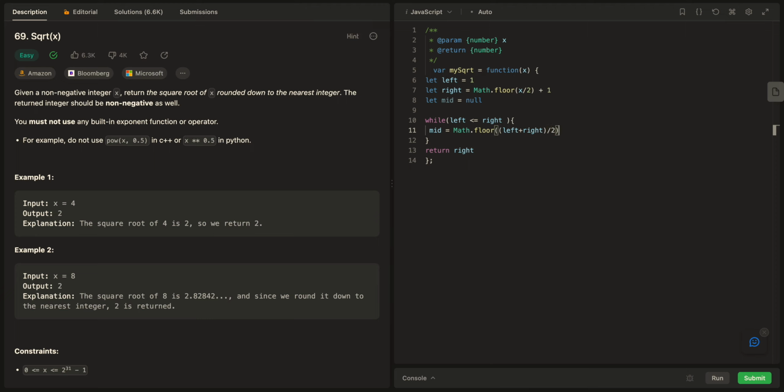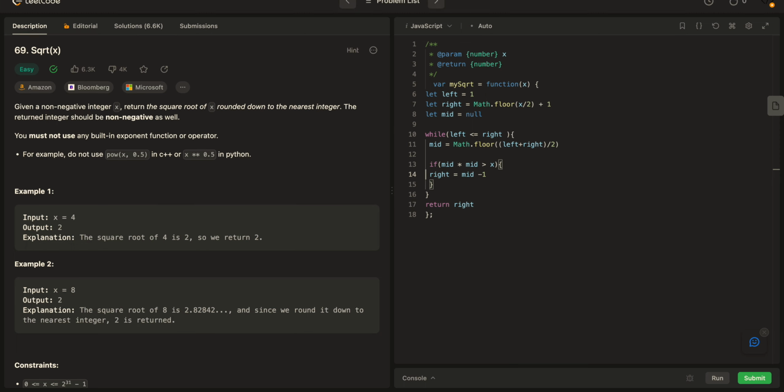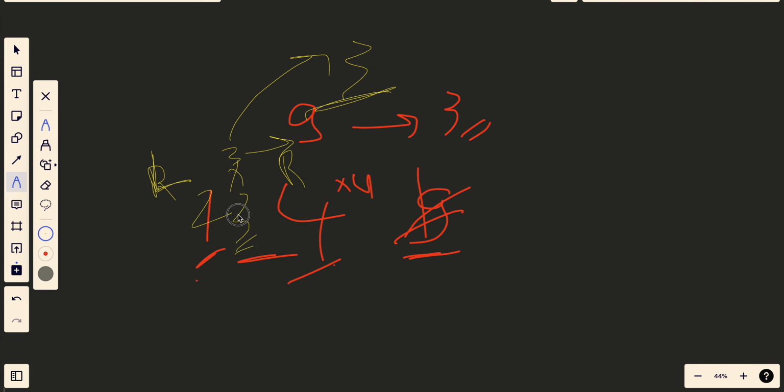And I will say that if mid multiplied by mid is bigger than x, that means right will equal mid minus 1. That means we will start searching in this area instead of this area.